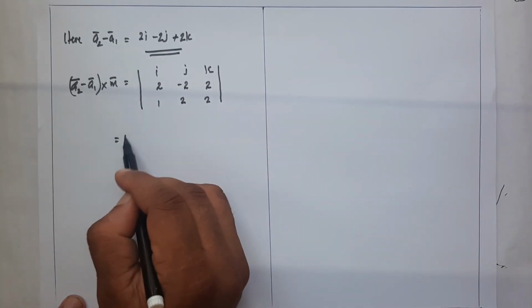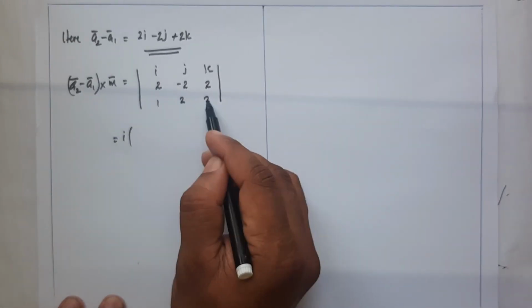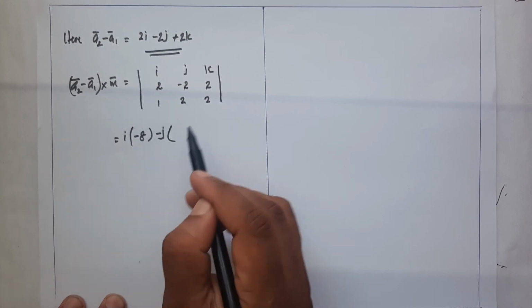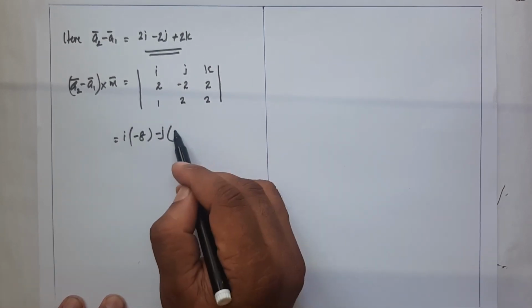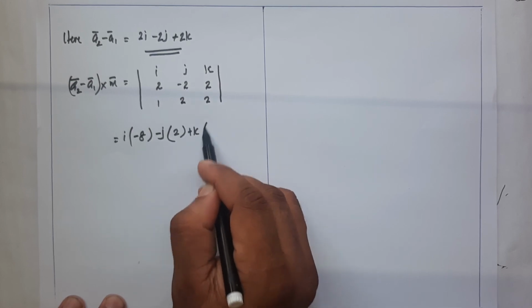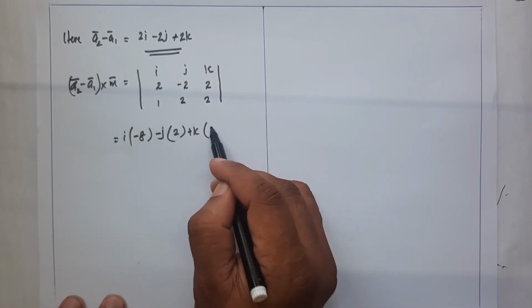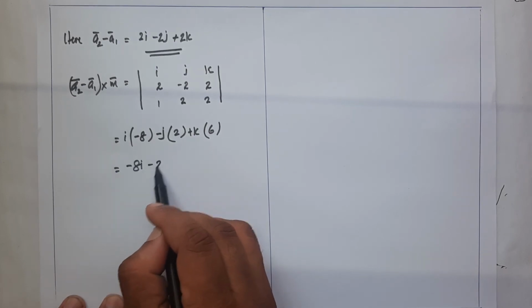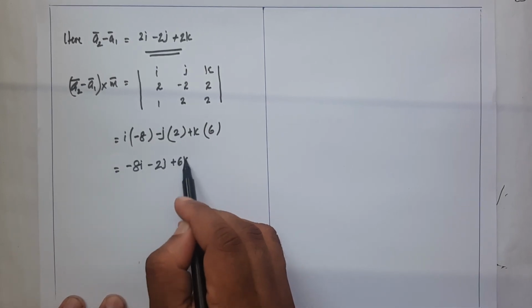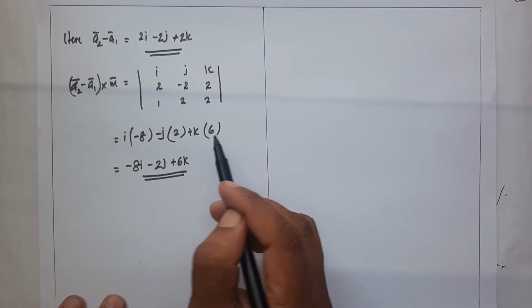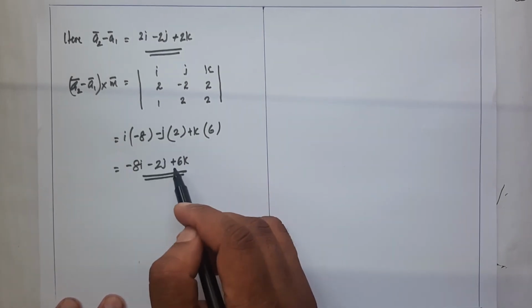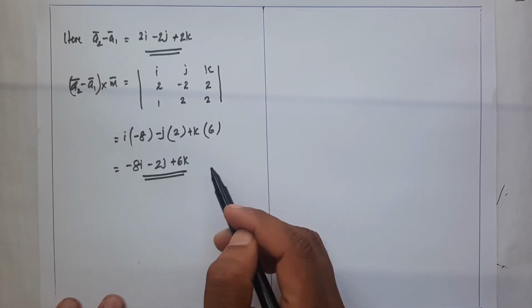The determinant value is i times (−4 − 4), that is −8, minus j times (4 − 2), which is 2, plus k times (4 + 2), which is 6. So (a2 − a1) cross m is −8i − 2j + 6k.